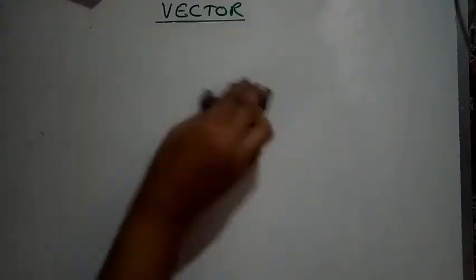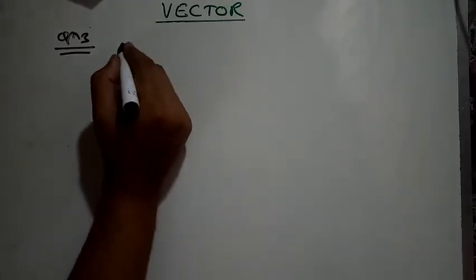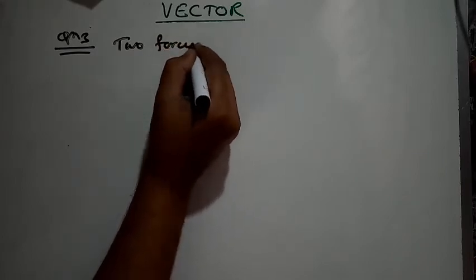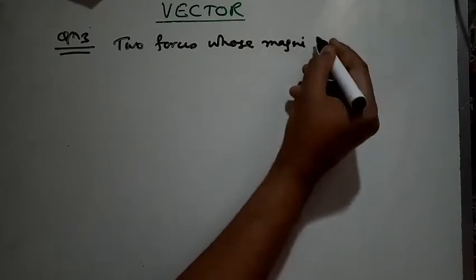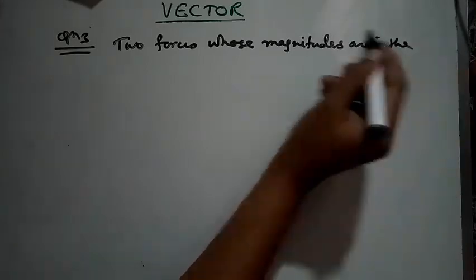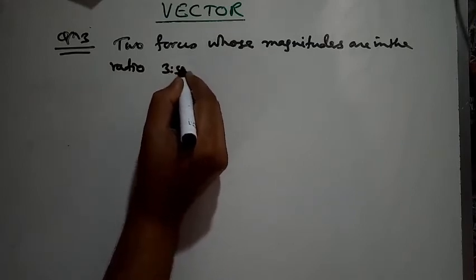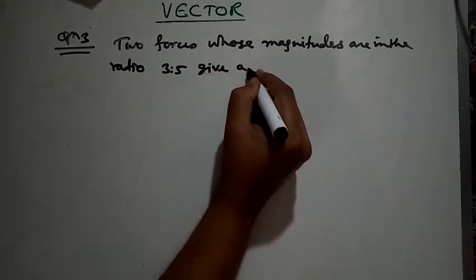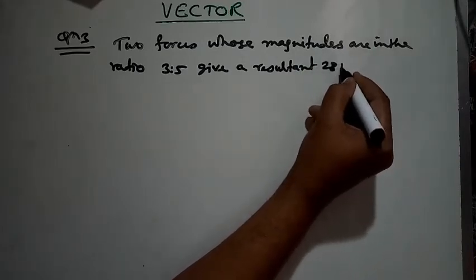Good. Then come to another question. Question number 3. Two forces whose magnitudes are in the ratio 3:5 give a resultant of 28 Newton.